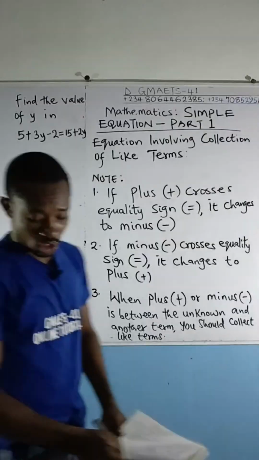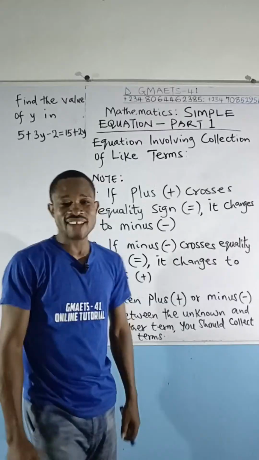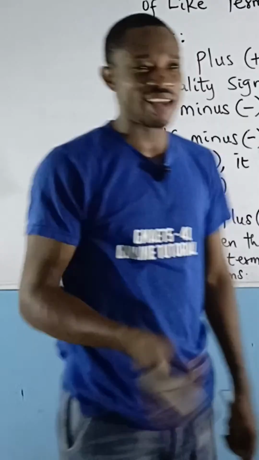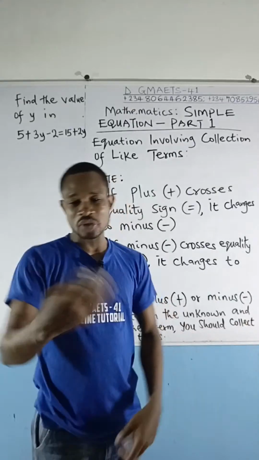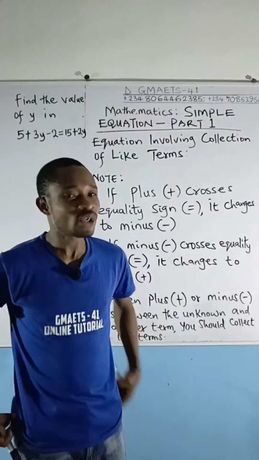Since this is the only question we are going to solve, I decided to give you something like this. I could have started with simple questions like maybe x plus 2 equal to 10, find x. But we have not started solving questions.